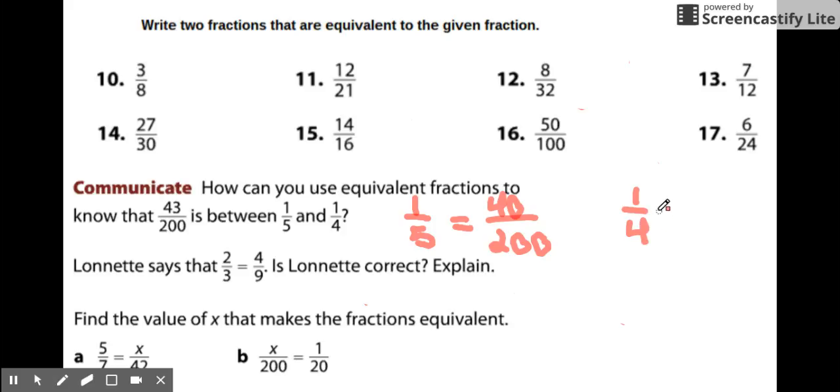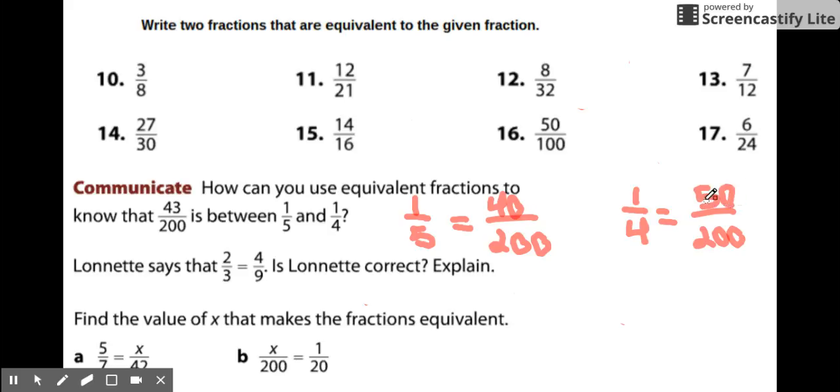So we need to get 1/4 to be an equivalent fraction with 200 on the denominator. And 4 times 50 would get you to 200. So 4 multiplied by 50 is 200. So 1 multiplied by 50 is 50.